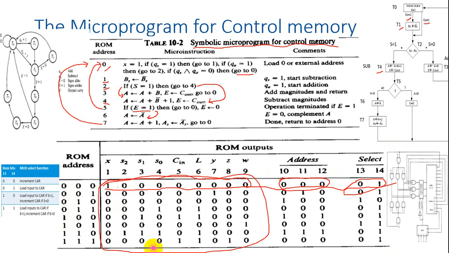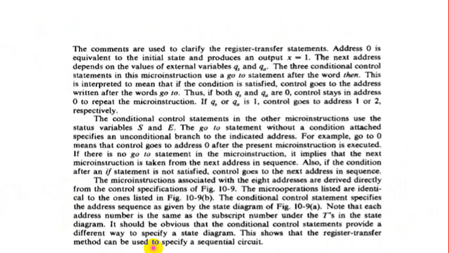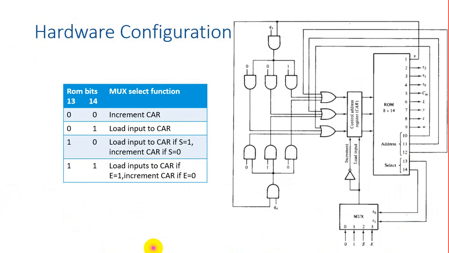This microprogram we are going to load in this hardware. Look at over here. This microprogram we are going to load in the control ROM, control memory. And everything on the other side of the control memory that you see is part of the sequencer. Next address generator.